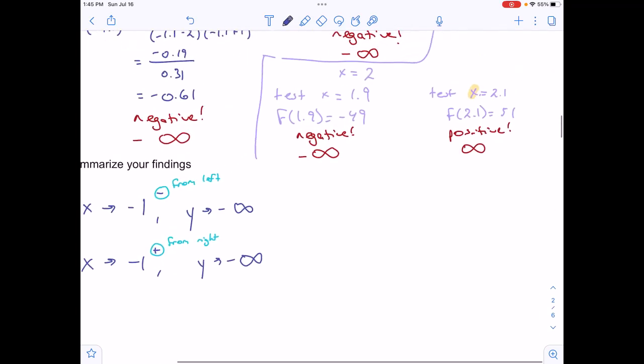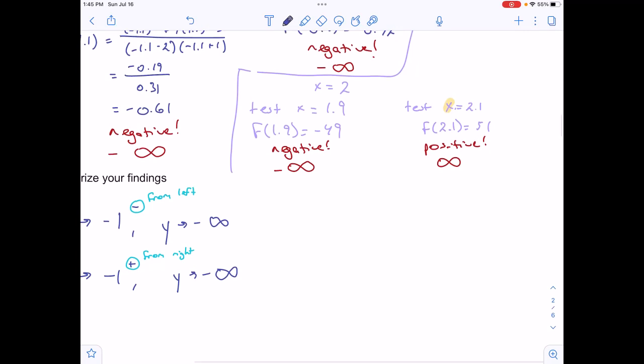Okay, I'm going to do it for my other vertical asymptote now, which was 2. As x approaches 2 from the left, y went to negative infinity. On the left-hand side, it went to negative infinity. As x approached 2 from the right-hand side, and here's where we tested the value 2.1, it went positive. We went to positive infinity.